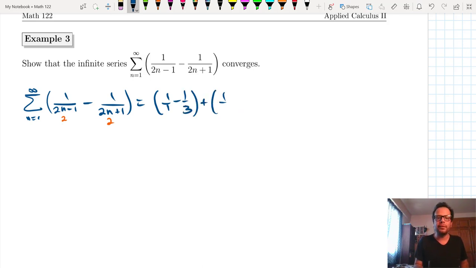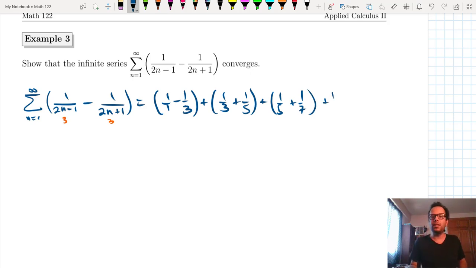So 1/3 plus 2 times 2, which is 4 plus 1, that's 1/5. Let's do another one. 3 times 2, which is 6 minus 1 is 5, 1/5 plus 1/7. Do we have another one? Plus 1/7. I mean, no, this is supposed to be minus. Okay, there's supposed to be a minus here.